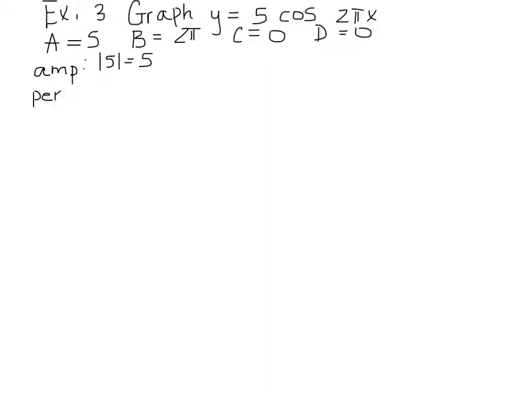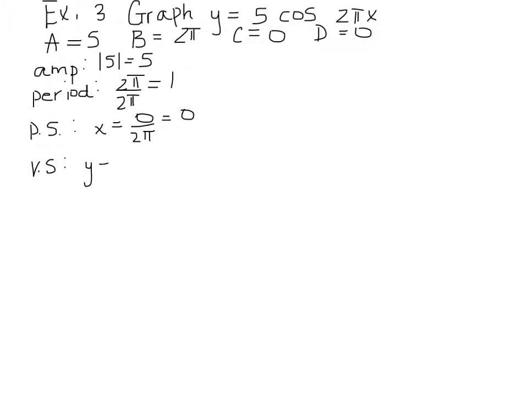My period is 2 pi over B. 2 pi over 2 pi, which is 1. My phase shift is x equals c over b, which is still 0. And my vertical shift is y equals d, which is 0.